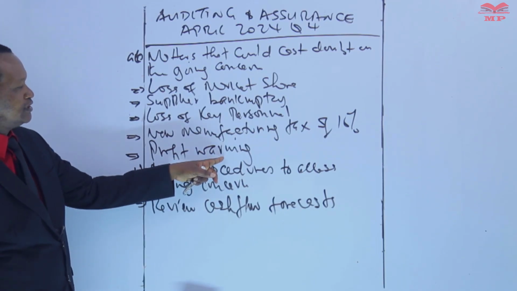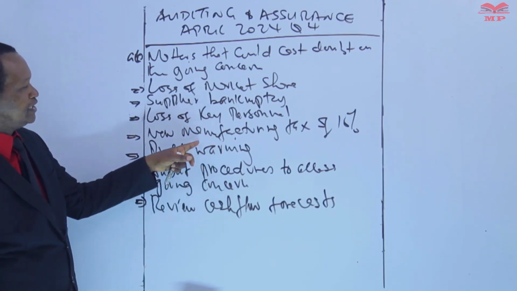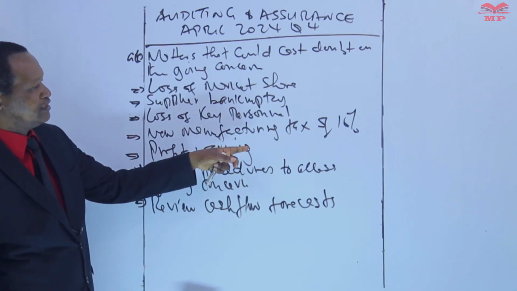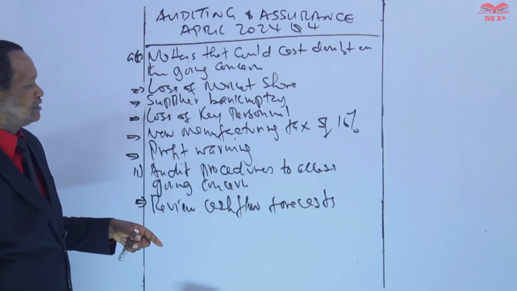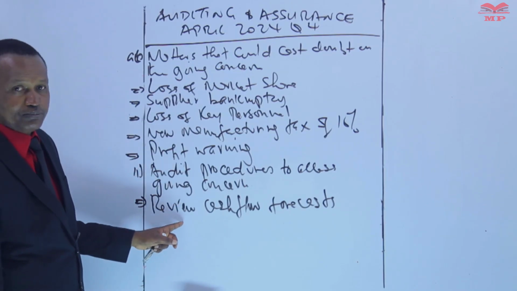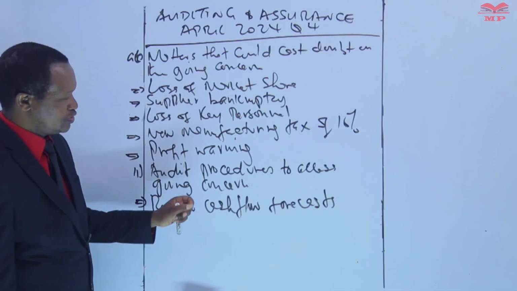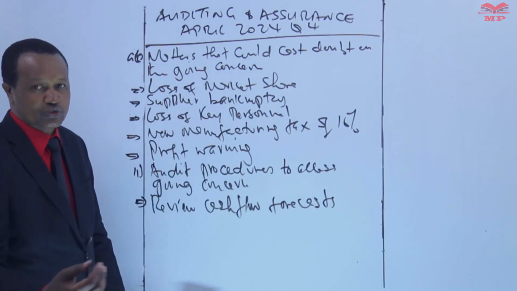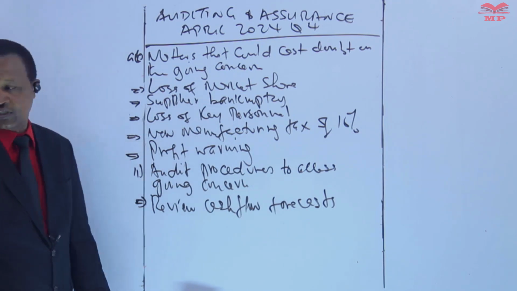All right? There is an impending manufacturing tax of 10%. All right. So it's important maybe to review cash flow forecast, and I've explained how that should be done. You understand, Karani?